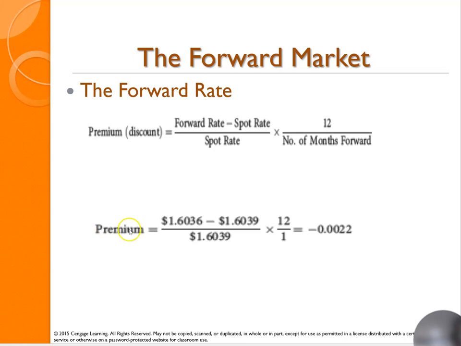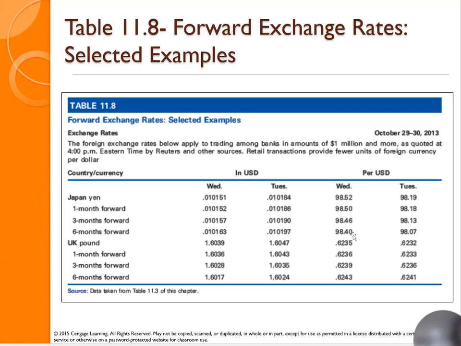So you have a premium, let's say, $1.6036 minus 1.6039, so that was the forward rate, that was the spot rate. You find the difference, so you divide by the spot rate. Then it was 1 month, so you multiply it by 12 divided by 1, and there is your answer. There's the rate.